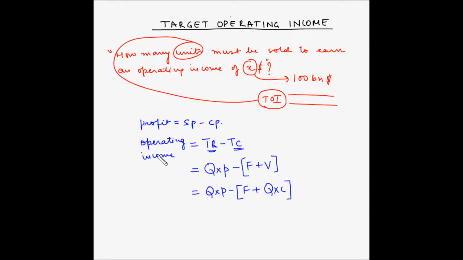So now if we have a target operating income that we are targeting, then using this formula we can find out the number of units that need to be sold in order to achieve this target operating income.